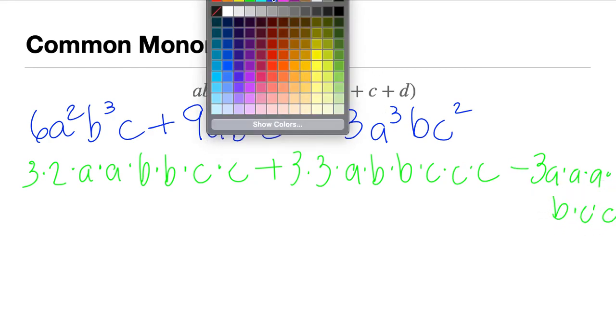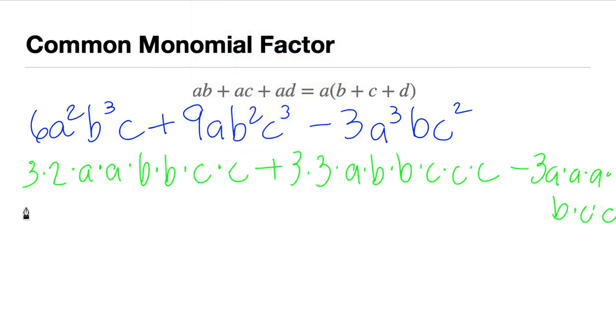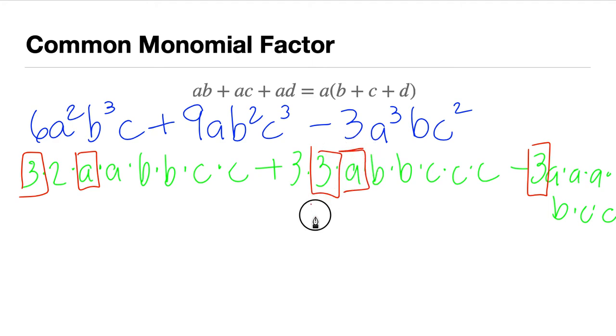Okay, so what we're going to do is to look out for the common factors. We can see that 3 is a common one for all of the terms. You can also see that a is common, but notice that a is the only one in this term, so we cannot get more a's from any other terms. We can also get one b here, and also one b here, and in this term there's also only one b, so we cannot get any b other than that.